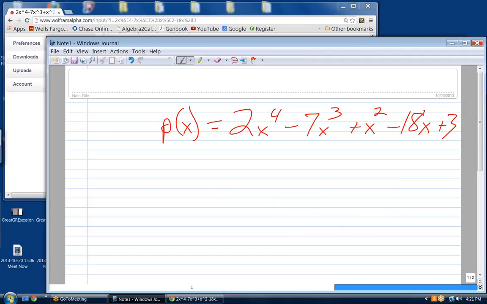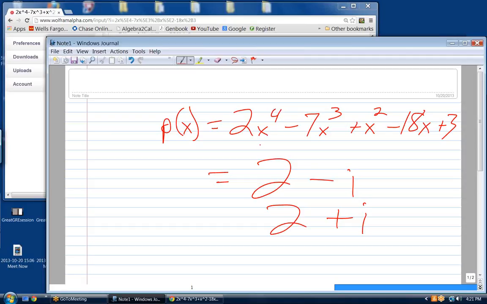Well, what they're going to do is they're going to say one solution to this is 2 minus i. Find the other 3 solutions. Well, I know that one more solution is 2 plus i. And now, if I take each of my solutions and divide it into the original polynomial, I get a reduced result.